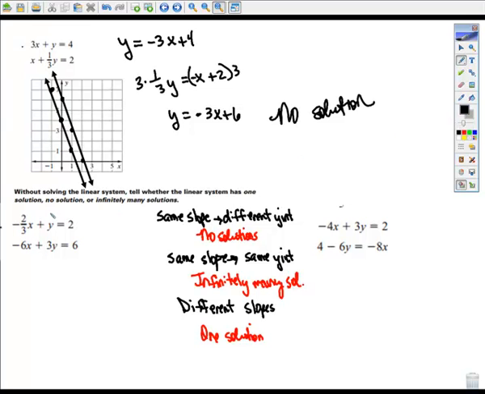So really all we need to do is put both of these in slope-intercept form and figure out the slope and the y-intercept. So the top equation, I will add 2/3 x, and my slope is 2/3. My y-intercept is 2. And then in the other one, I will add the 6x, divide by 3.